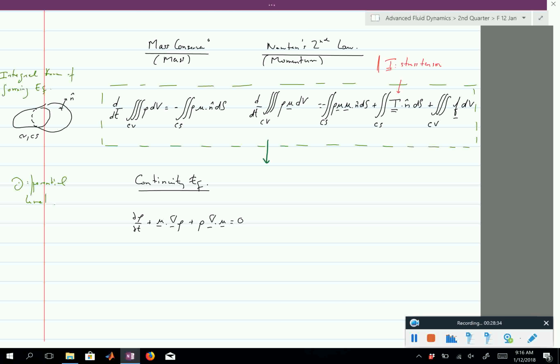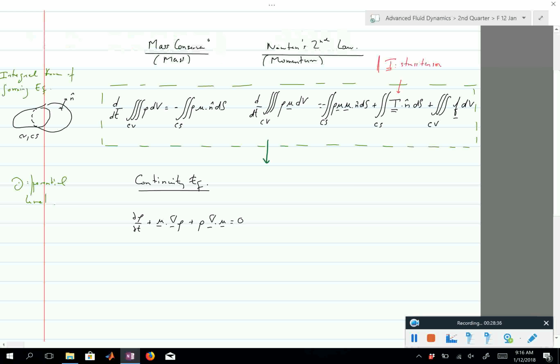We also discussed that actually this part here we can write as d rho dt, where this represents the material derivative.